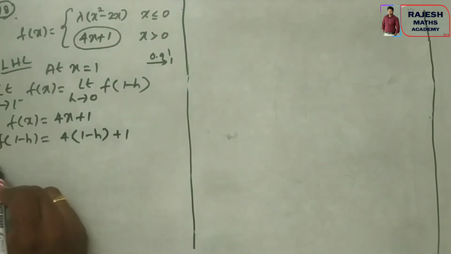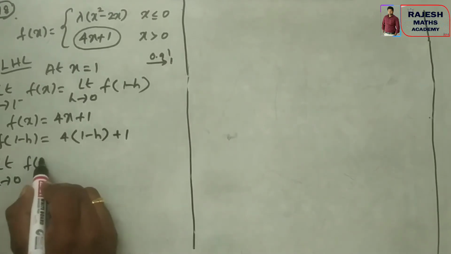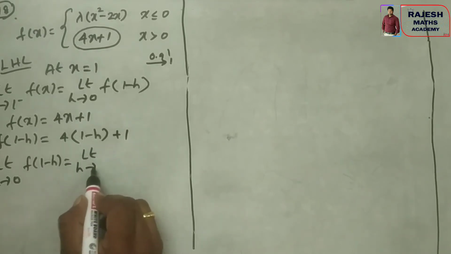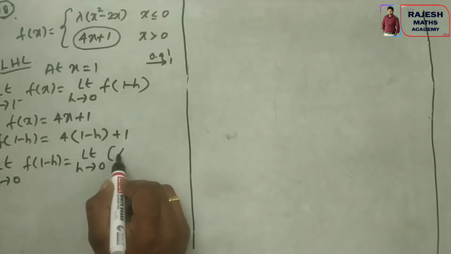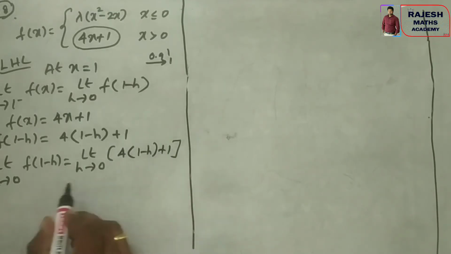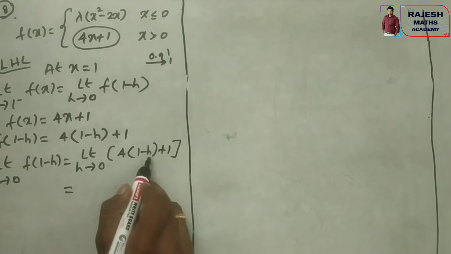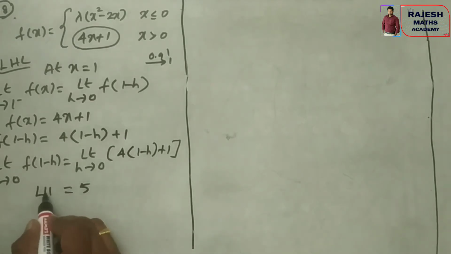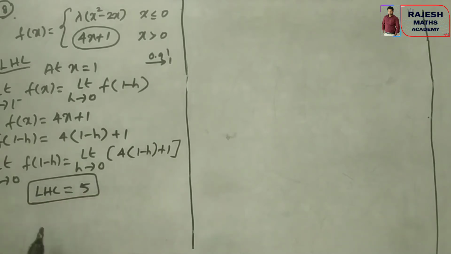Now find the limit. Limit h tends to 0 f of 1 minus h is equal to limit h tends to 0 of 4 times 1 minus h plus 1. Applying h equal to 0 means 4 into 1 plus 1, 5 will come. So LHL is equal to 5.